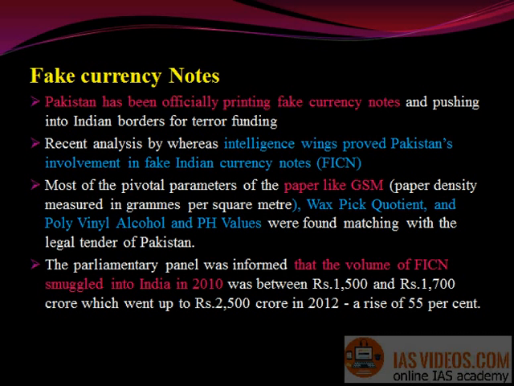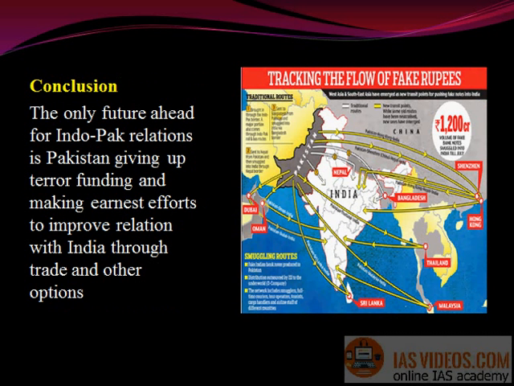The parliamentary panel was informed that the volume of FICN smuggled into India in 2010 was between Rs. 1,500 and Rs. 1,700 crore, which went up to Rs. 2,500 crore in 2012, a rise of 55%.